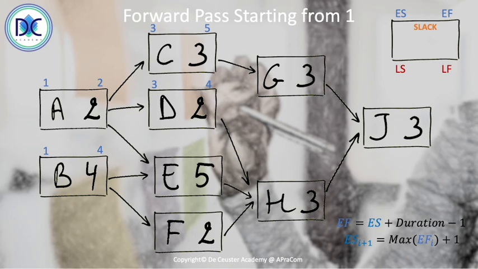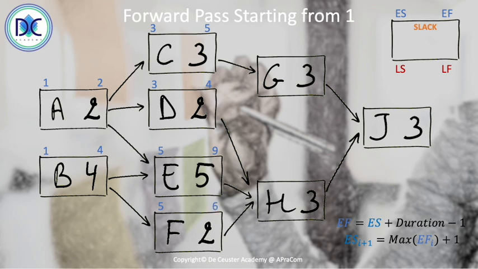And now we can select the highest value of the predecessors, which is for B. So the early start of E is 4 plus 1 is 5. And we can calculate the early finish, which is 5 plus 5 minus 1 is 9. For F, we have the early start equal to 5. Then we have the early finish, 5 plus 2 minus 1 is 6.